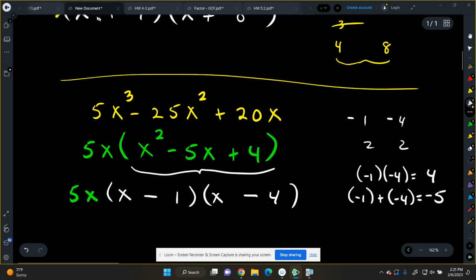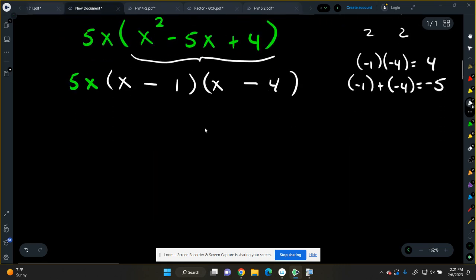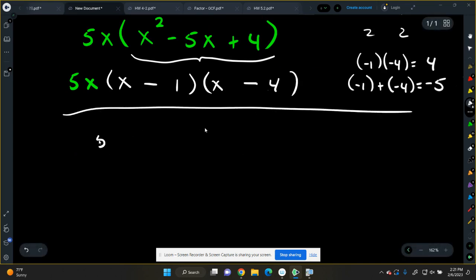Let's do 5x to the third minus 35. Let me fix it. It's messy.